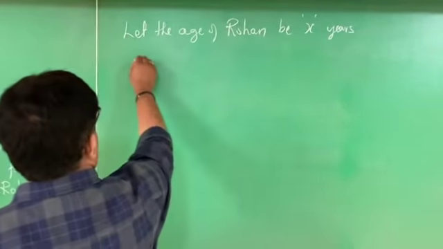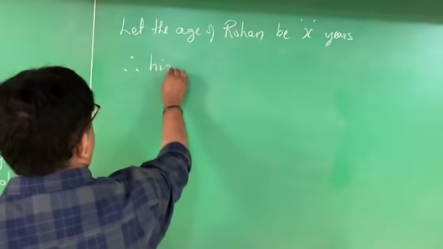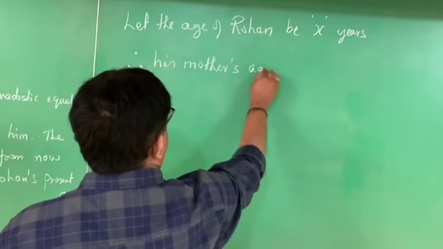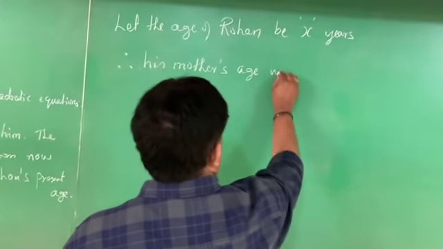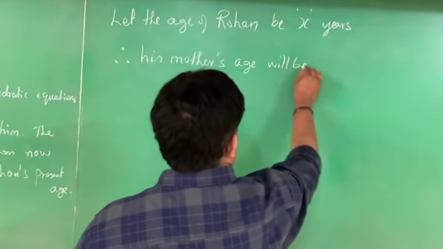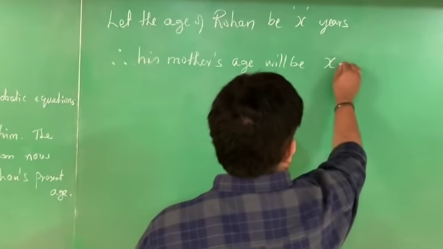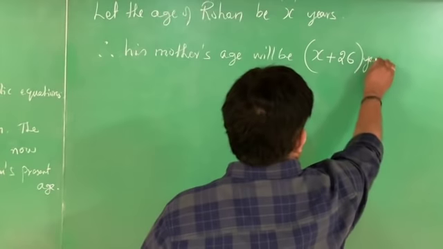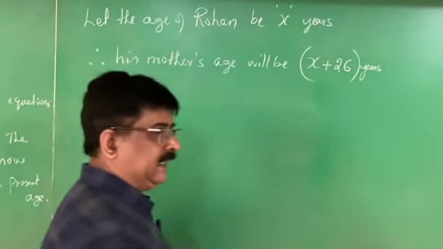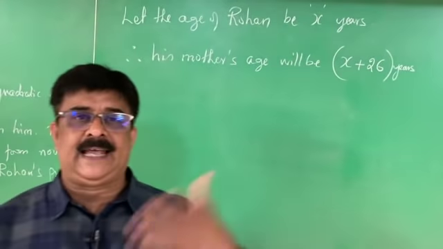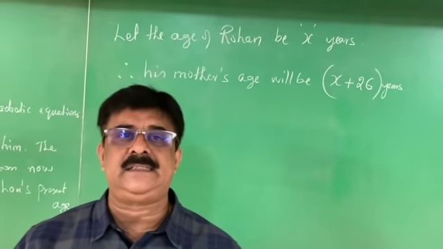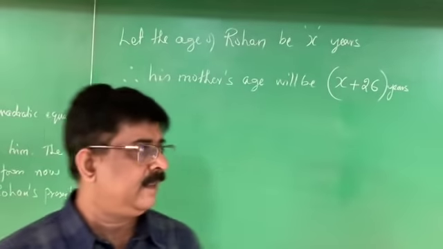Therefore, his mother's age will be x plus 26 years. Try to understand. Mother is 26 years older than him. Therefore, if his age is x years, his mother's age is x plus 26.